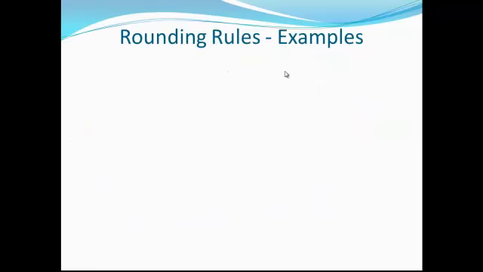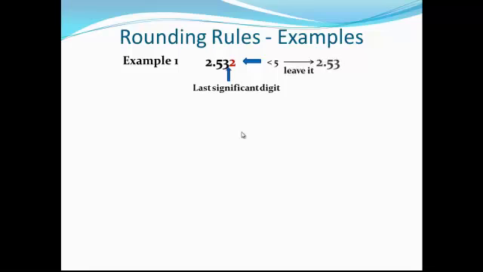Now let's look at some examples. Example number 1, you have 2.532 and you want to round it to the 3. This is the last significant digit you want to round to, and you have 2 after it. 2 is less than 5, so simply drop it, and you have 2.53.